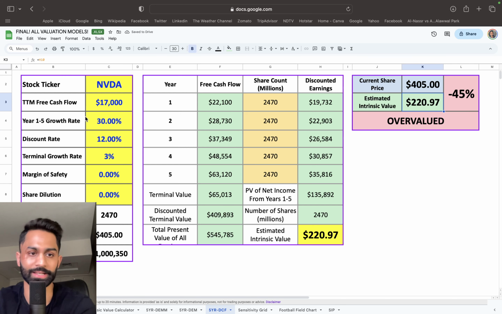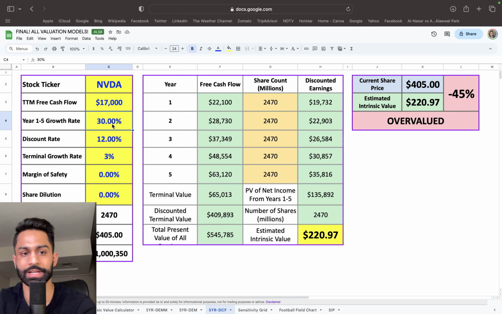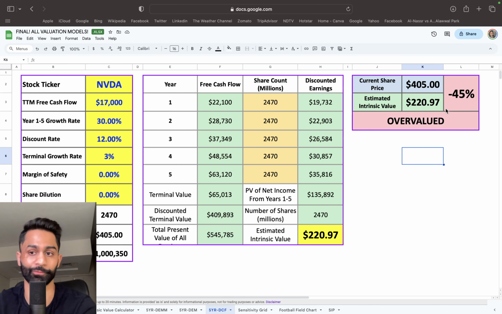So that basically means that Nvidia needs to grow free cash flows at over 30% for the next 5 years, discounting all those future cash flows back to present value at a 12% required rate of return and a 3% terminal growth rate. And even then, Nvidia would be considered overvalued, and fair value would be at 220.